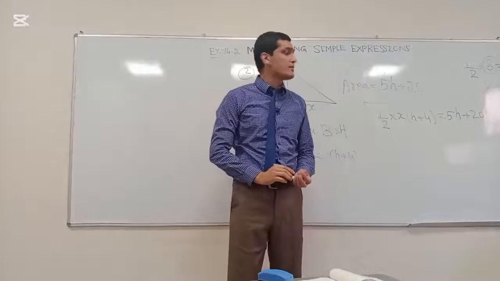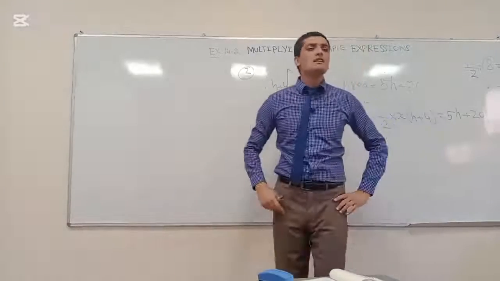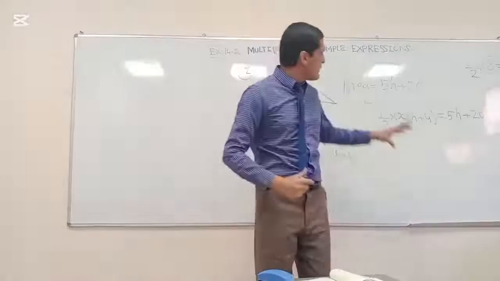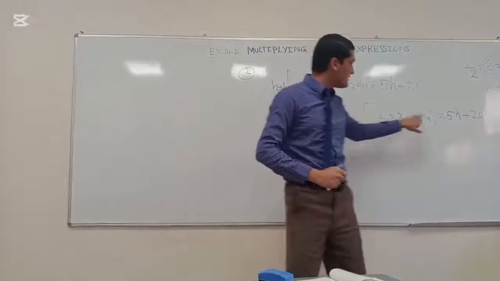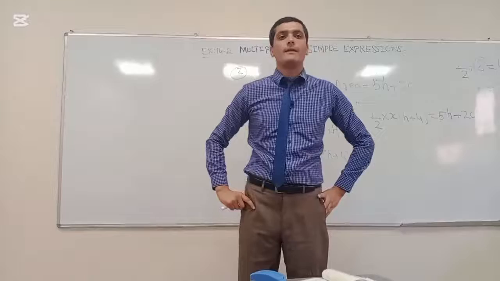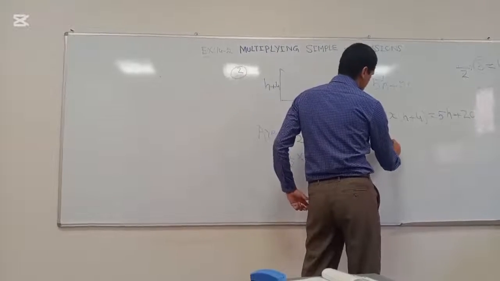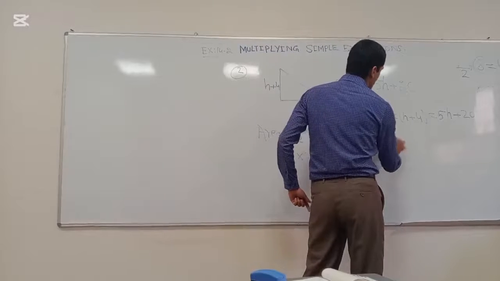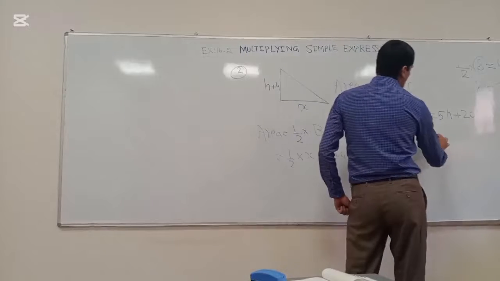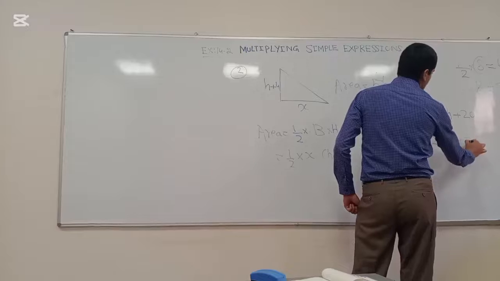So we can multiply this 2 to this side, and we normally write in mathematics multiplying both sides by 2. So this is also true. If you multiply by 2 here, this will cancel with this and this will come here. So you can interpret this in either way. So we will write x into h plus 4 equal to 2 into 5h plus 20.